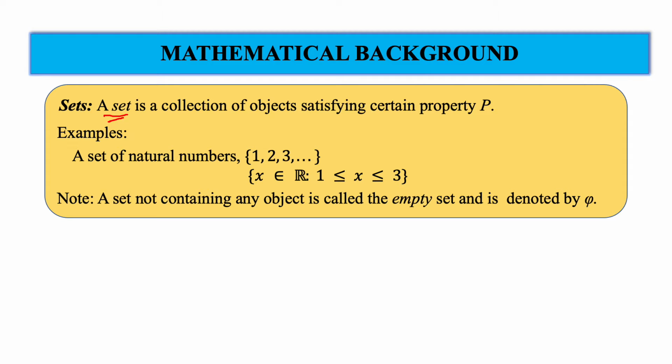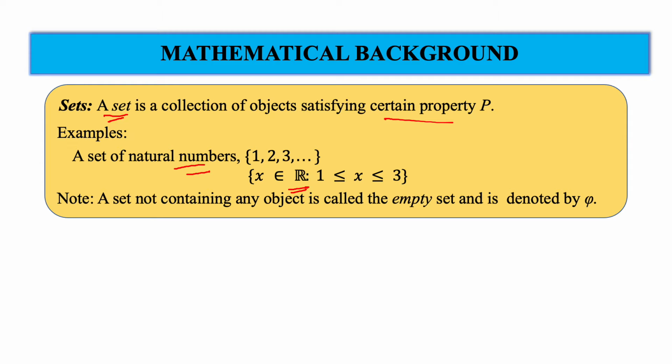As we all know, a set is a collection of objects which satisfy a certain property. For example, we have the set of natural numbers which take the values 1, 2, 3 and so on. One could have a set of real numbers, and the elements take values in the range 1 to 3, with 1 and 3 inclusive.